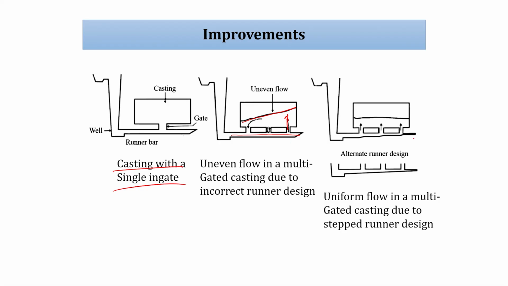Filling is high here, so if you reduce your flow here and increase your flow there, you can reduce the thickness of the runner here and you can see equal flow rate. The runner design can be a tapered kind of thing. With this kind of design you can obtain sound casting filling.